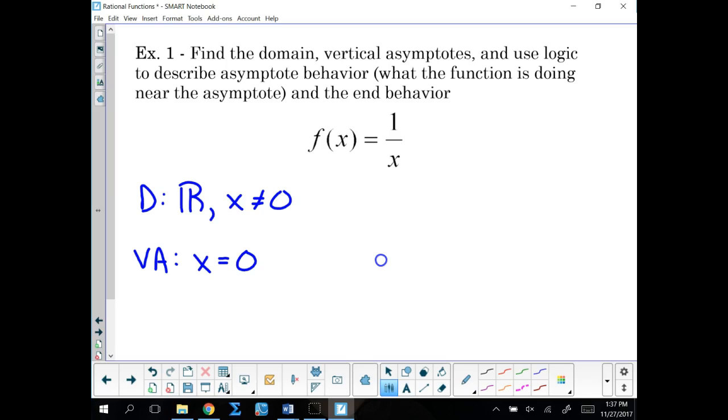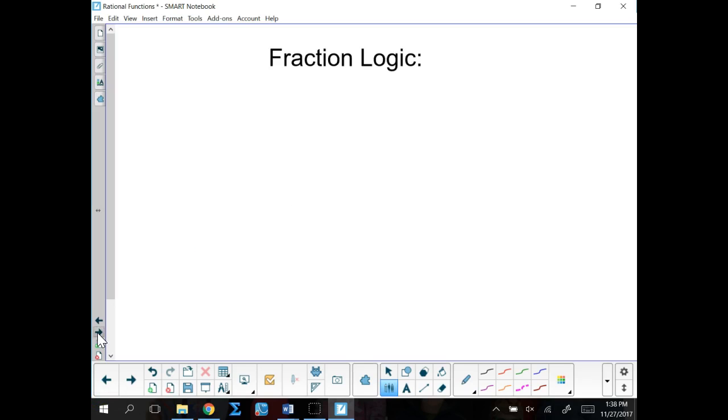Okay? Now, before we go on to end behavior and asymptotal behavior, I'm going to take a pause for the cause, and I want to talk about fractional logic. Okay? So, fractional logic tells me that if I've got a number and I divide that by a small number.